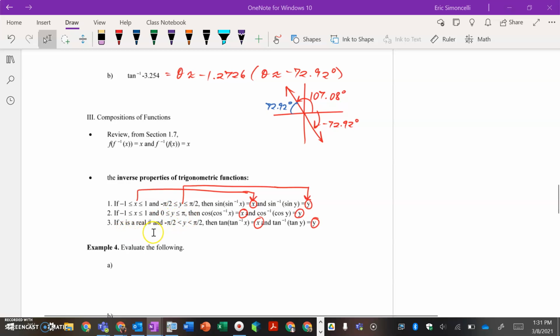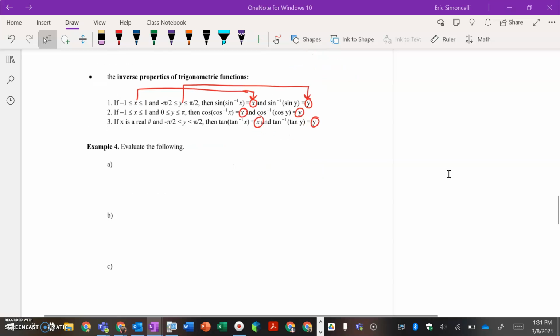If x is a real number and -pi/2 is less than y, which is less than pi/2, then the tangent of the inverse tangent of x equals x, and the inverse tangent of the tangent of y equals y. So again, all reals with x, and between -pi/2 and +pi/2 with y. This is something to be very mindful of anytime you're doing an inverse that has a composition involved.